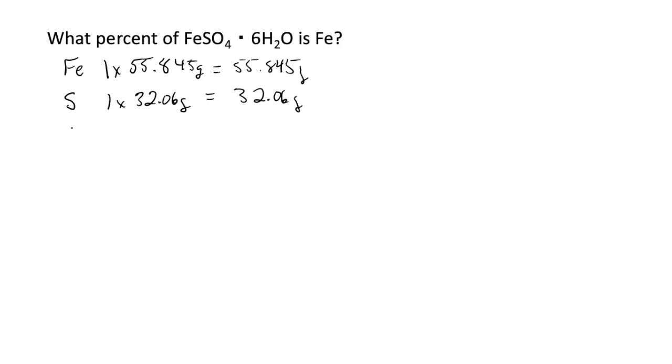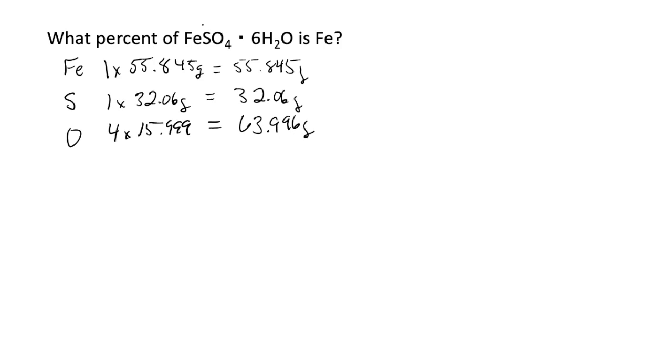For oxygen, we have a subscript of 4, which means that we need to multiply its molar mass on the periodic table of 15.999 times 4 to find its total mass in this compound, which is going to be 63.996.